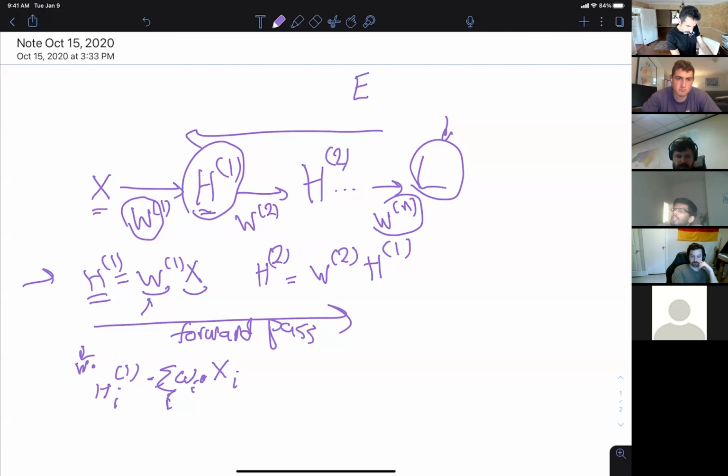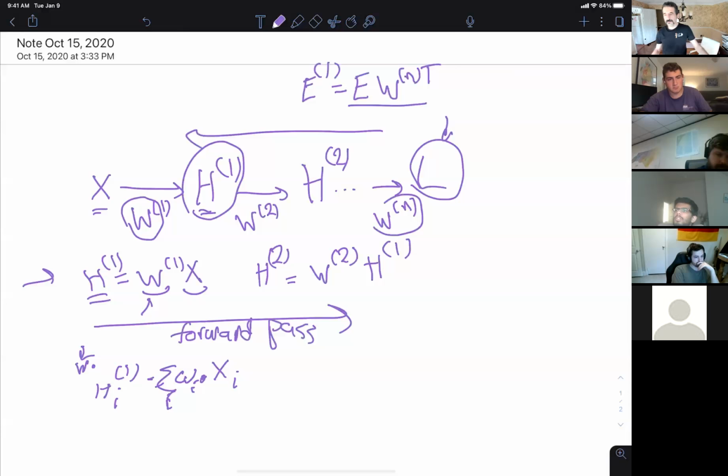So you multiply this in order to produce another error, maybe error 1, and then do the same for error 2, all the way down to have the error with respect to the parameters that you want, right?